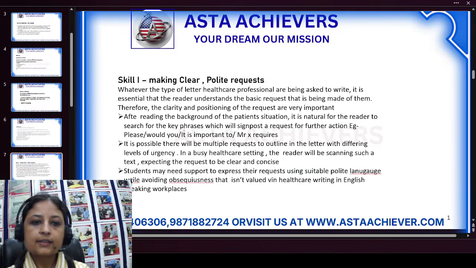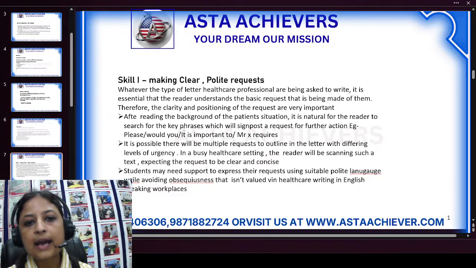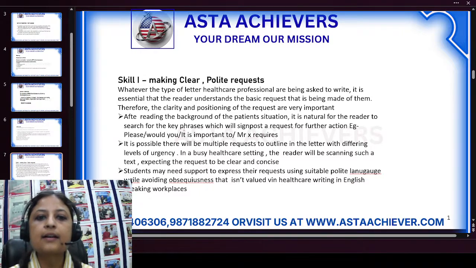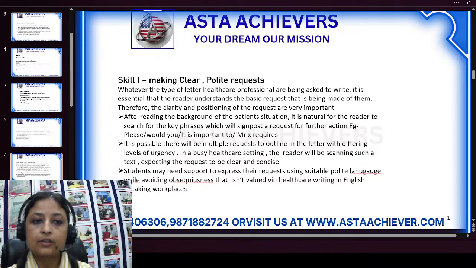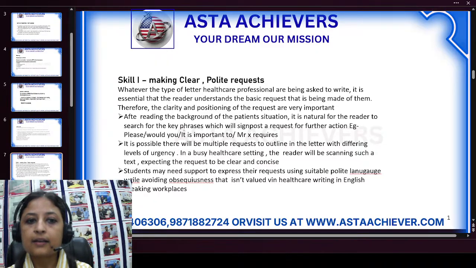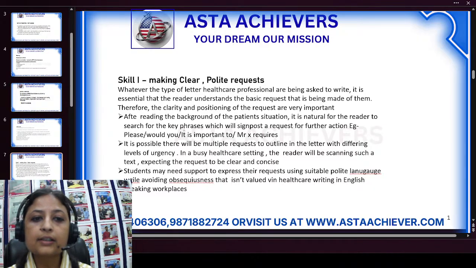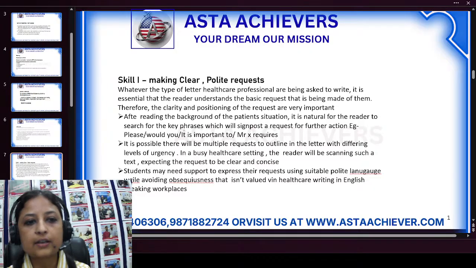Skill number one, making clear and polite requests. Whatever the type of letter healthcare professionals are being asked to write, it is essential that the reader understands the basic request that is being made of them. So in your writing task, it should be clear to whom you are writing the letter. Therefore the clarity and positioning of the request are very important.